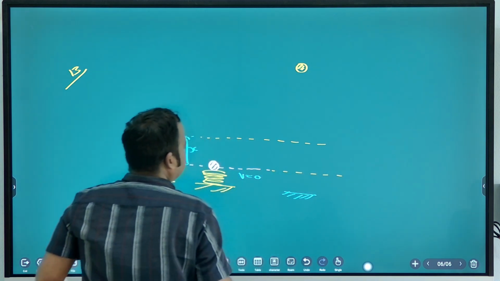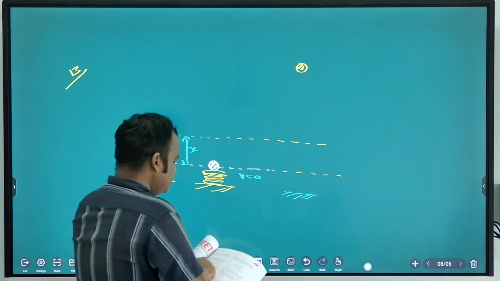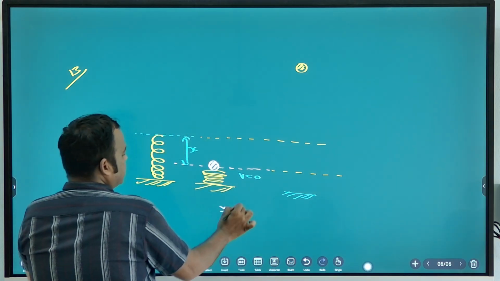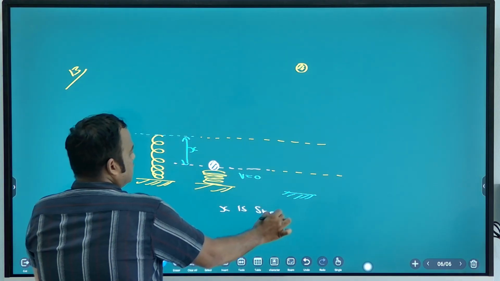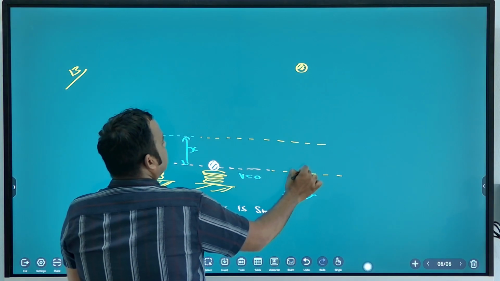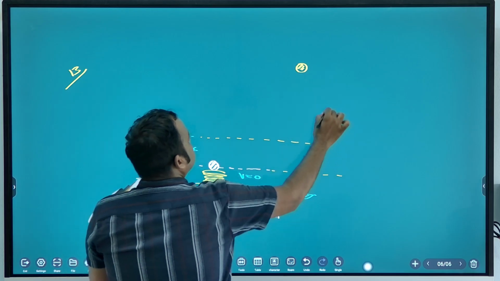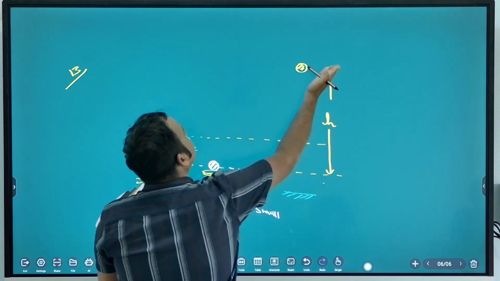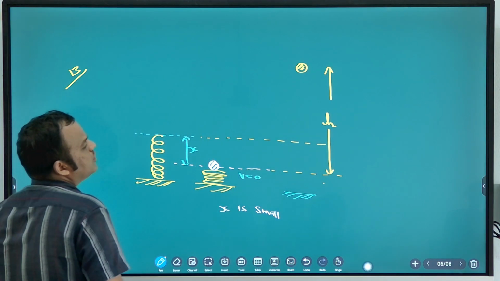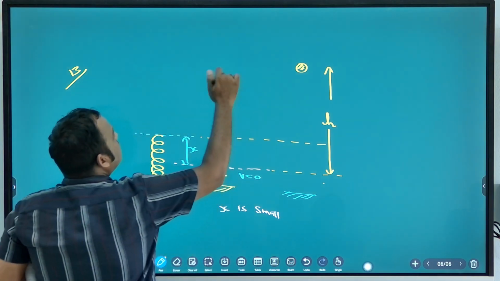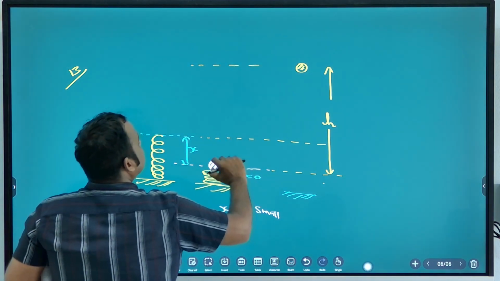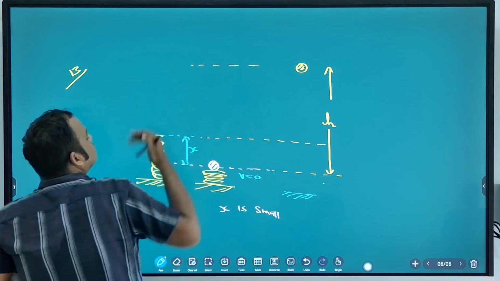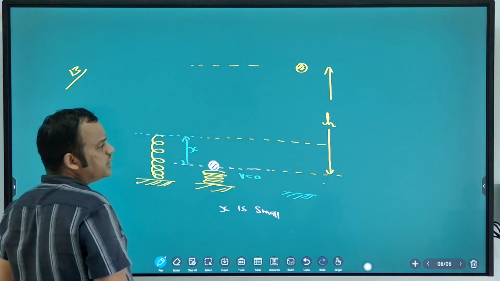Suppose it is going up to here. x is small. From here to here, you can assume this is h. So the ball is going from here to here. What is the displacement? h.